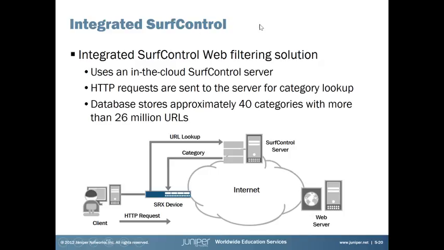Let's take a look at Surf Control. It uses an in-the-cloud Surf Control server. HTTP requests are sent to the server for a category lookup, and the database stores approximately 40 categories with more than 26 million URLs. So the device will refer to an online server as it scans and checks the traffic.